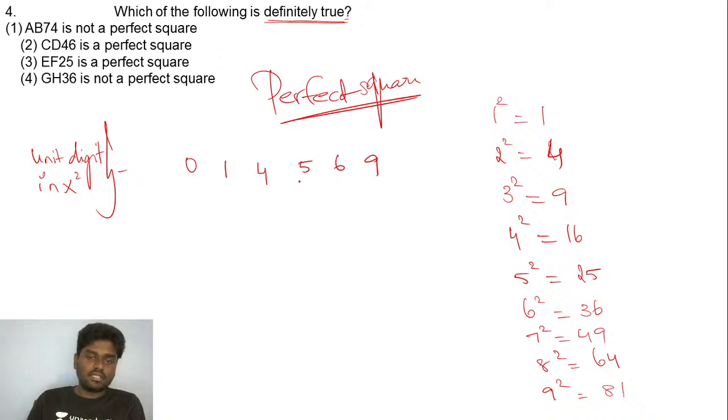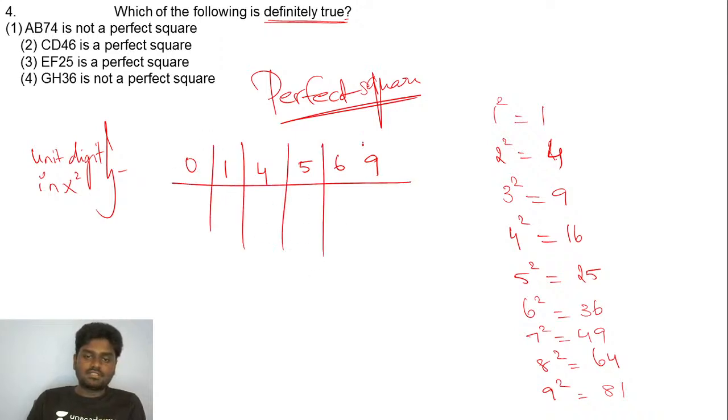So listen very carefully. If I try to write it in ascending order, you have 0, 1, 4, 5, 6, and 9.